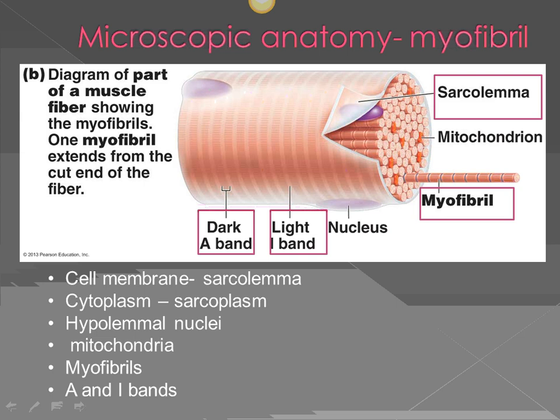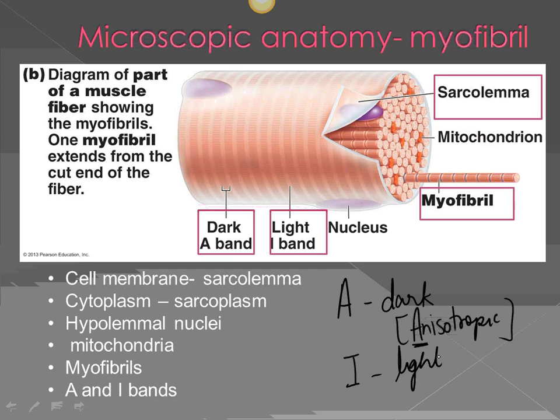The A bands are also known as dark bands, and they come from the word anisotropic. The A gives it A bands. The I bands are the light bands, and they are from the word isotropic.